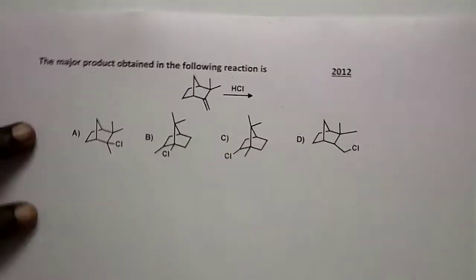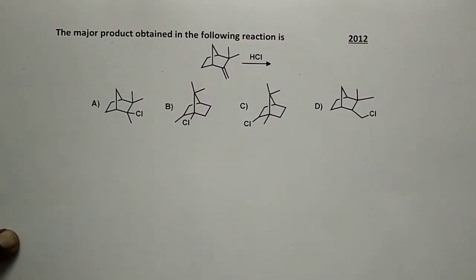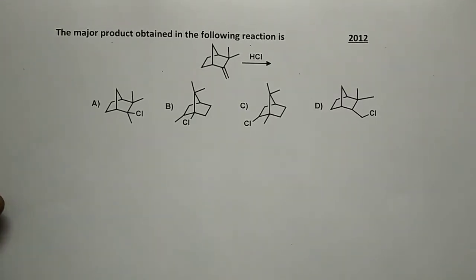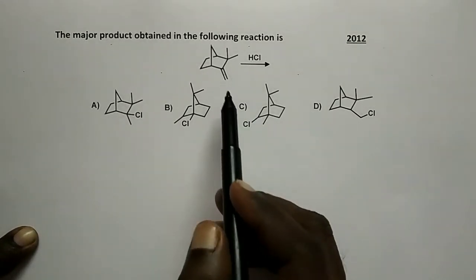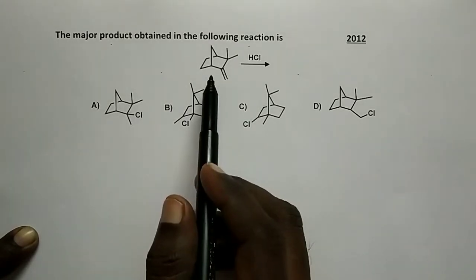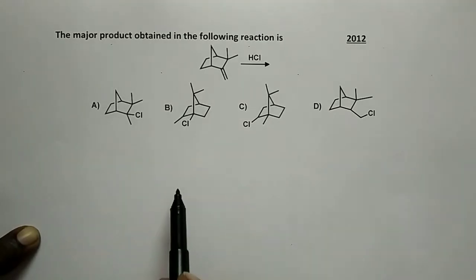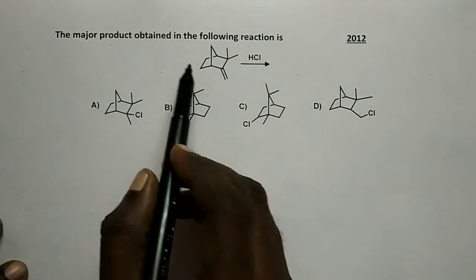Okay, a question was asked in 2012. The major product obtained in the following reaction is, 2012 question, JAM. Here HCl, olefin. Okay. This compound is, I think, camphene. What is the product? Look at the camphene here.